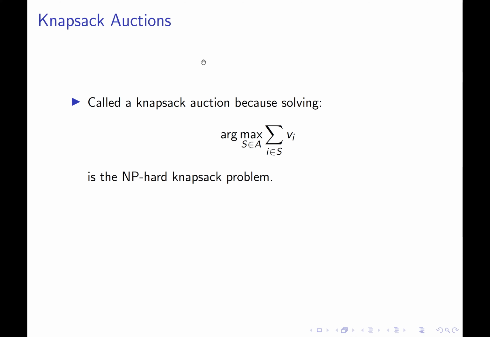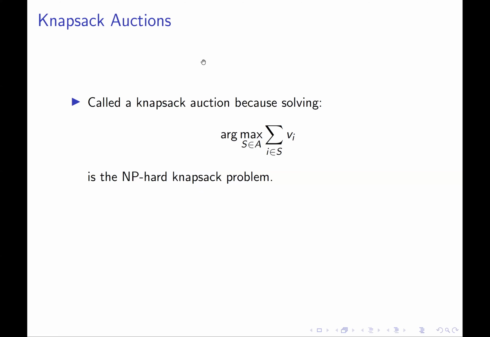It's the problem of finding the set of objects of maximum value that you can fit into some knapsack that has total capacity B, when each of the objects i has some size w_i. That's exactly what we're trying to do when we maximize social welfare, because our set of feasible alternatives is exactly the set of bidders who collectively fit into a knapsack of size B.